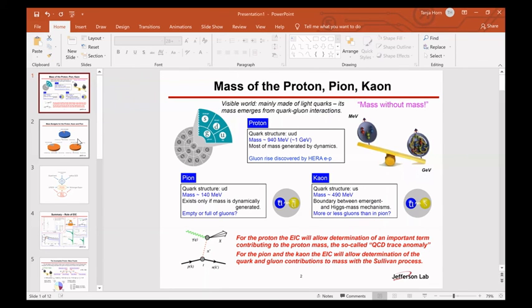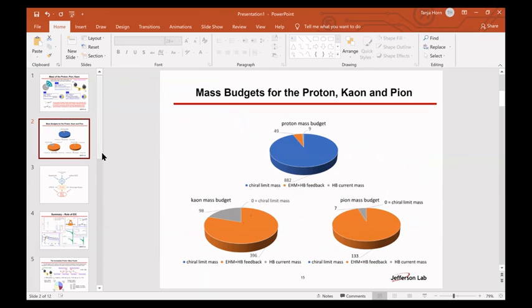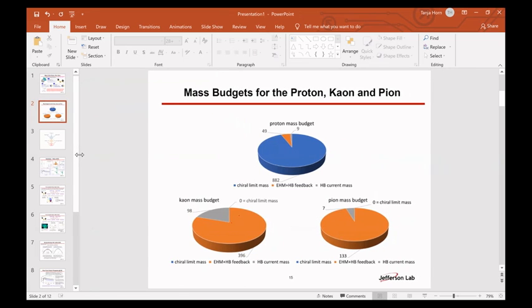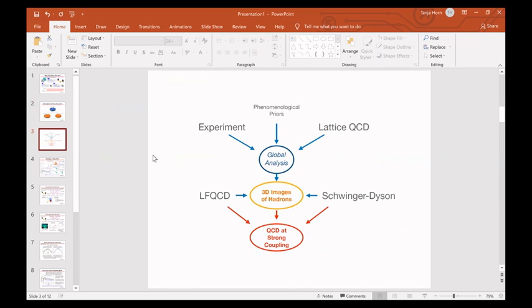We have also seen in the previous talk the mass budgets, saying that there are different contributions, and again we have to understand how to measure these. In particular here you see the proton, kaon, and pion mass budgets. The main point being that they look very different. And of course we heard about much more detail earlier. Then we have also seen that there are different parts of the whole that have to contribute here.